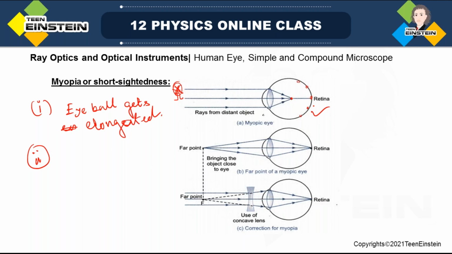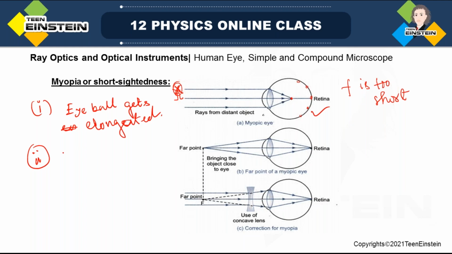What is the second reason for that? The focal length of the eye lens becomes too short. The light is getting converged very near to the lens, which means the focal length F is too short.